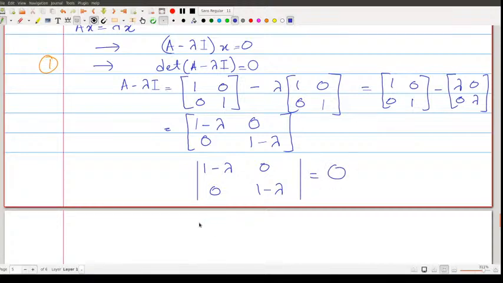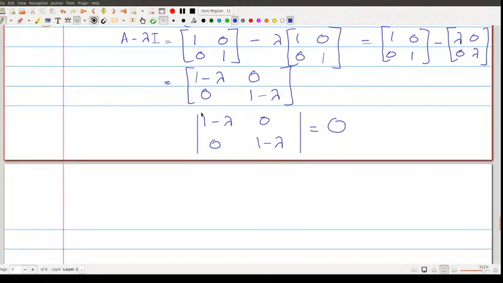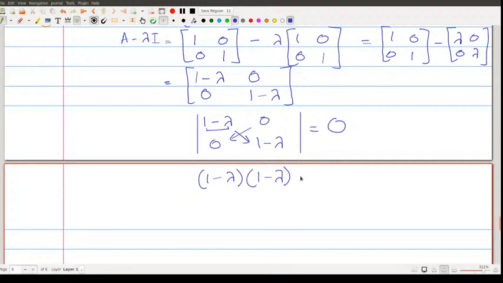So that's what we're going to do. Now this is a 2 by 2 matrix, easy to find the determinant. We multiply this with this and then subtract this with this. So this is really simple. 1 minus lambda times 1 minus lambda minus 0 is equal to 0.